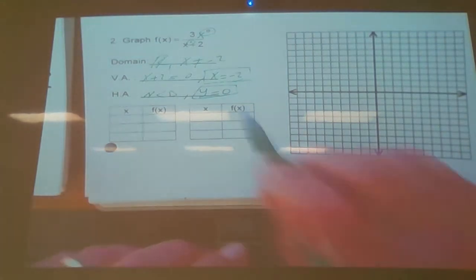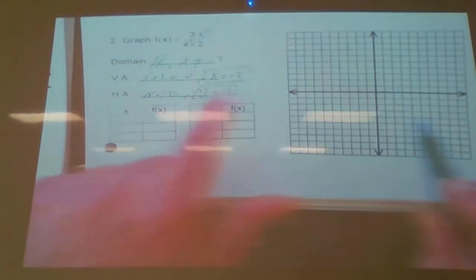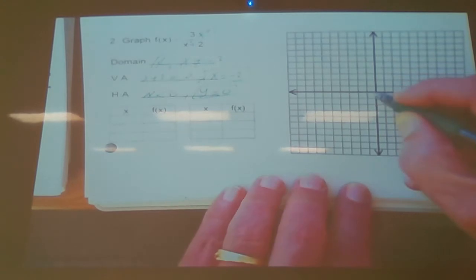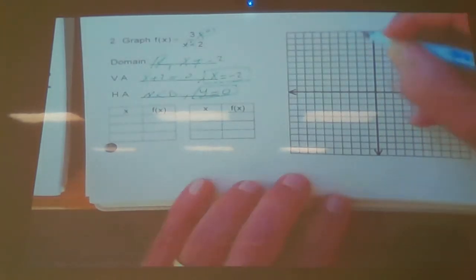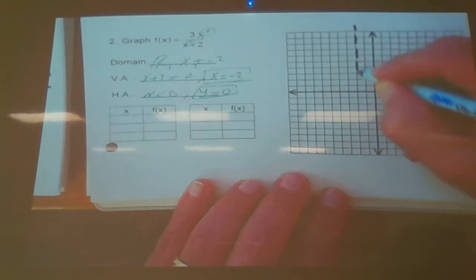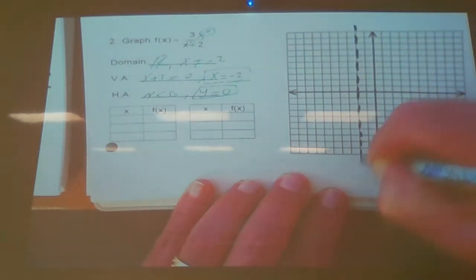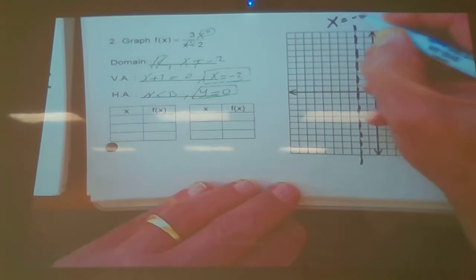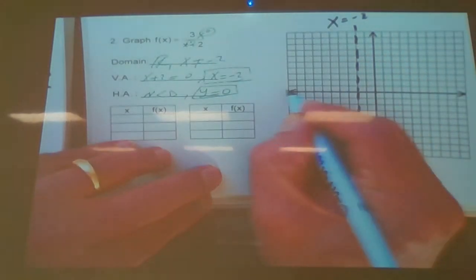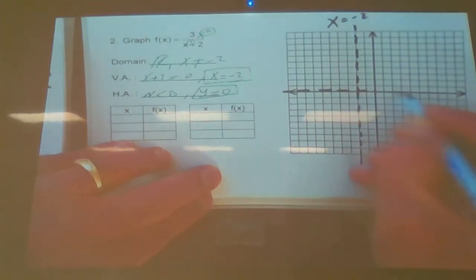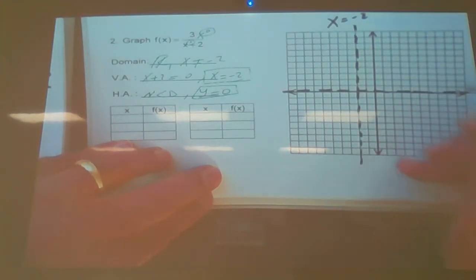So let's put that stuff on here. VA at -2. So you go to x equals -2 and you draw a vertical dotted line. That's the vertical asymptote. Y equals 0 is the x-axis, so you draw a dotted line on top of the x-axis.